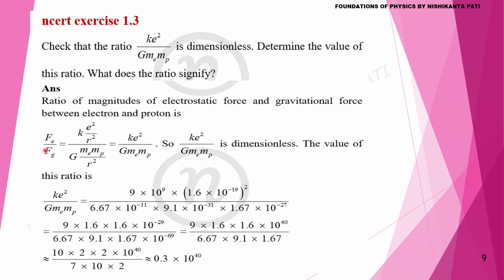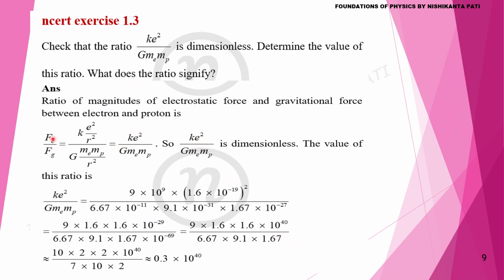Gravitational force between electron and proton is G m_e m_p by r square. So r square cancelling, the ratio of magnitude of electrostatic force to the magnitude of gravitational force between electron and proton is coming this much.